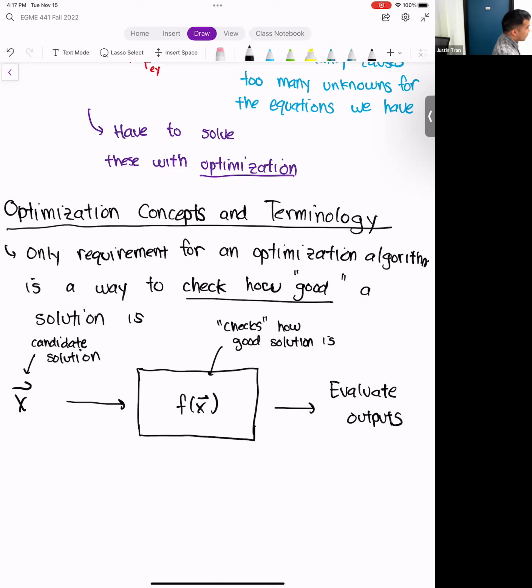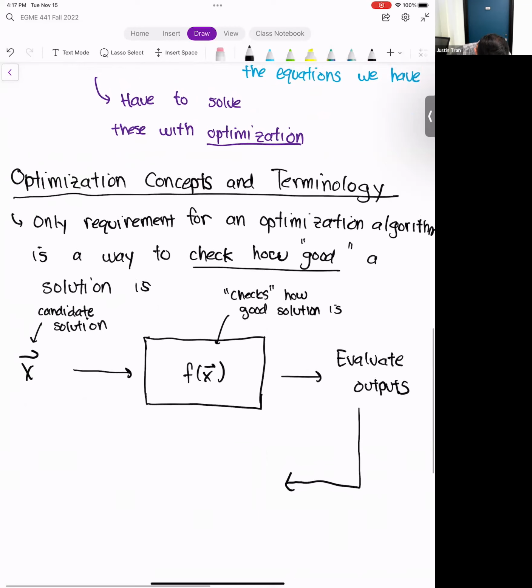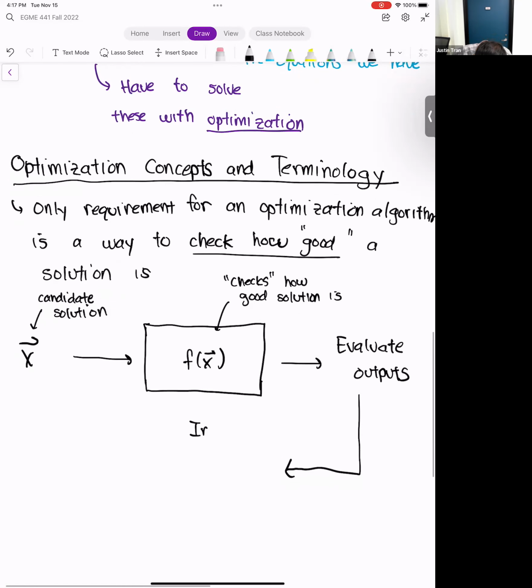After you check the solution, you're going to evaluate and see how good it is. After you evaluate the outputs, you're going to ask yourself, is there any way for us to improve the candidate solution based on the outputs?